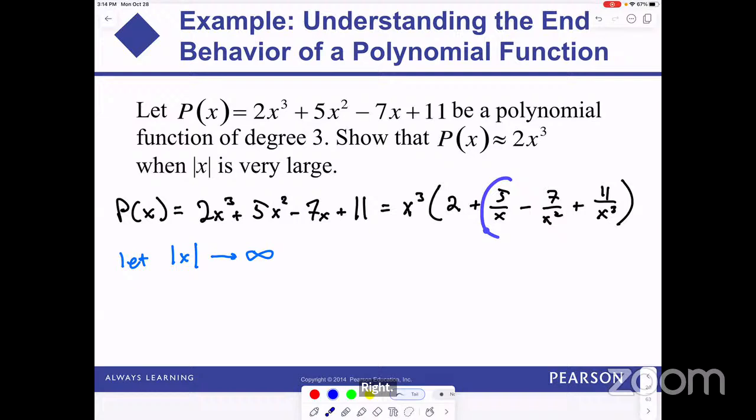What happens to that as the denominator gets bigger and bigger and goes off to infinity? Let's do a quick mental exercise. When x is 1, x is 2, what's 5 divided by 2? 5 divided by 10. 5 divided by 100, right? Hopefully you're thinking that it's getting smaller as the absolute value of x tends to positive infinity, okay?